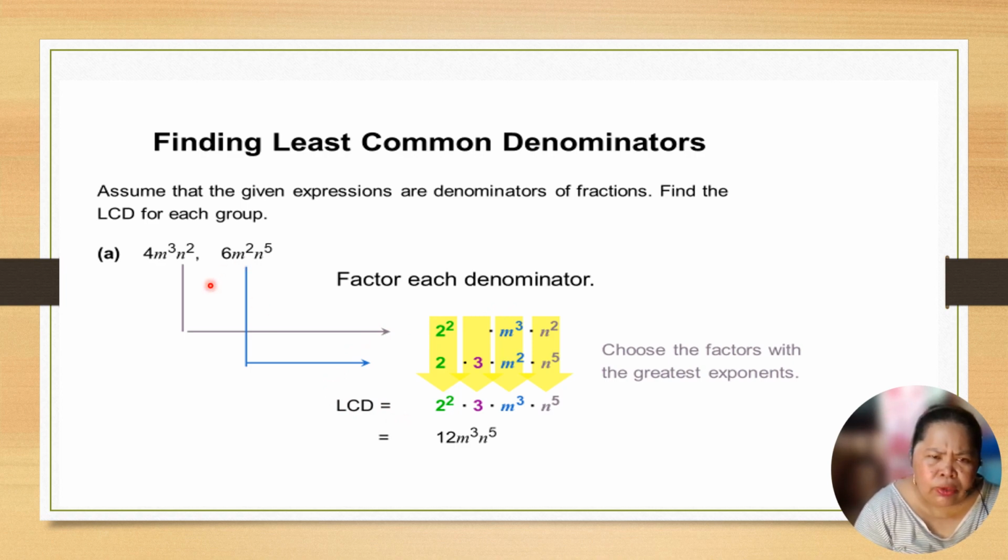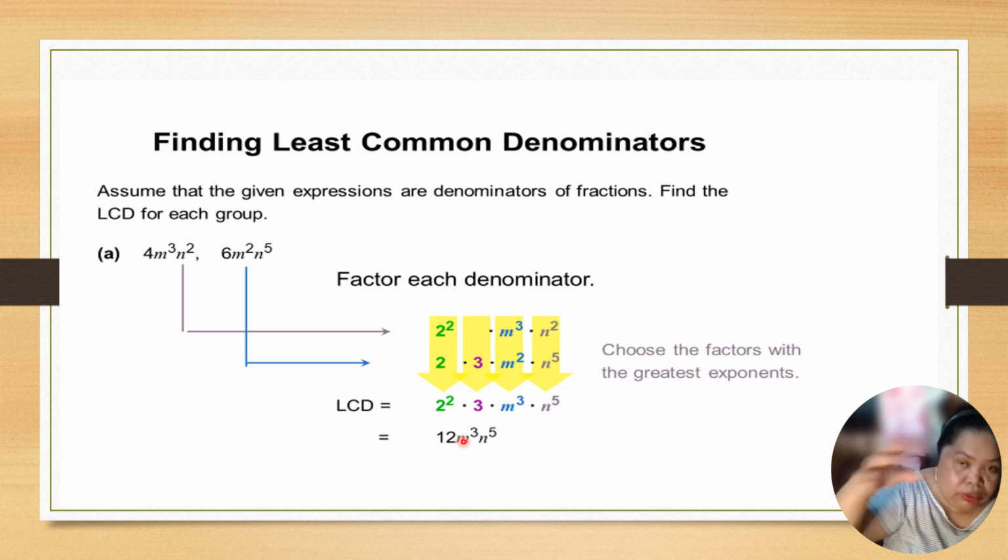For 4m cubed n squared, we have 2 squared times m cubed times n squared. While for 6m squared n, we have 2 times 3 times m squared times n. So 2 squared is 4 times 3 is 12. So we have 12 m cubed n squared. Just copy the variables with the highest exponents.